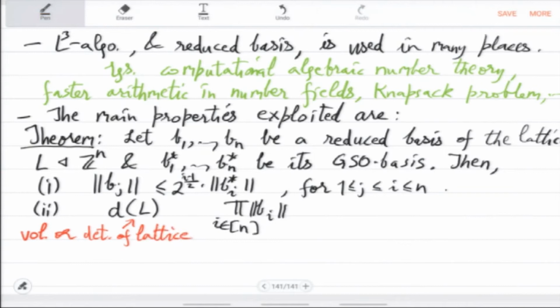So, the product of these B_i's is at least the determinant of the lattice, and it is at most this multiple, 2 raised to n(n minus 1) by 4, times d(L). In other words, the product of the lengths of the vectors in the reduced basis is an approximation of the determinant.